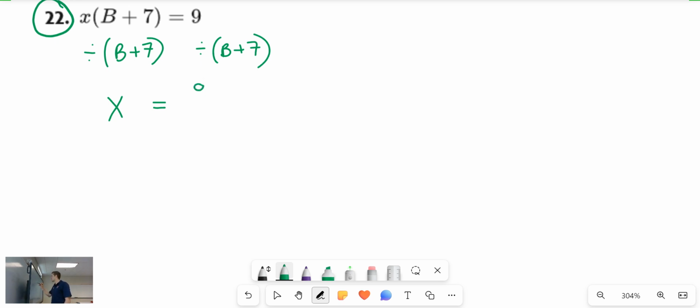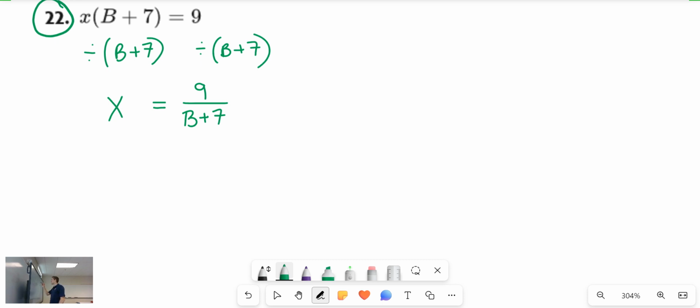So the other side will be 9 divided by b plus 7. What's nice is that the fraction bar covers the whole b plus 7, so we do not need parentheses anymore. It's implied by the wide bar that b plus 7 is the denominator all by itself.